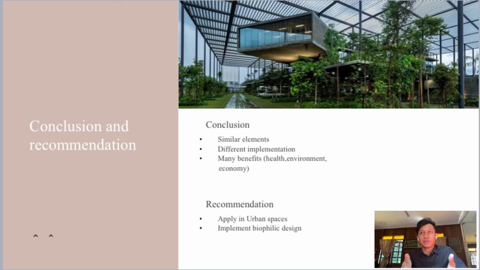For example, the Paramit Factory implements technology to enhance the function of the elements, but in the Valencia outdoor spaces, it uses the natural system. But both give similar benefits to health, environment, and economy. So it is recommended to apply biophilic design in urban spaces.